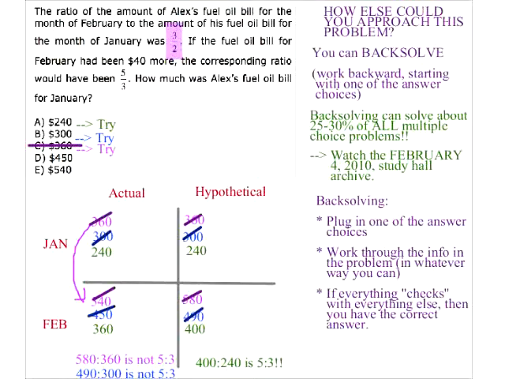So there you go. Okay, smiley face if you understand the backsolving method here, if you understand how it works.